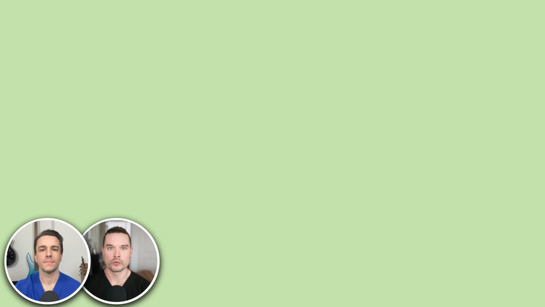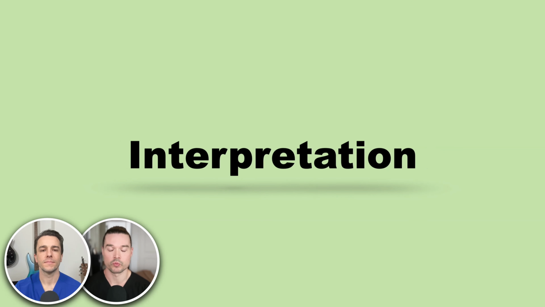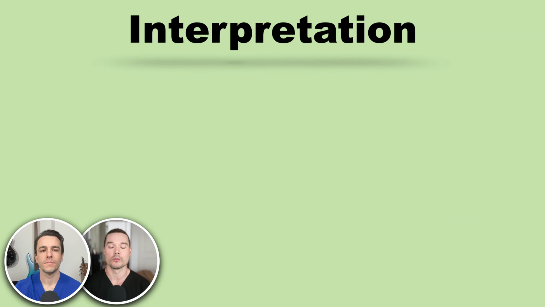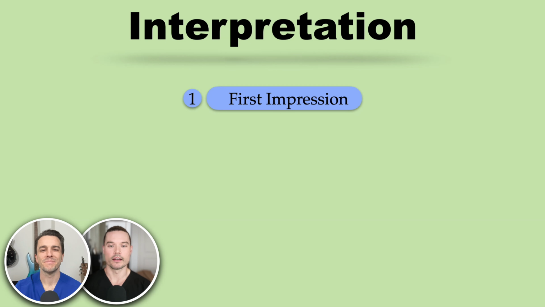Okay, we want to highlight our interpretation just one more time. We brought this up in our general approach video, and we want to bring it up one more time here, and hopefully it makes a little bit more sense now. You are going to start with your first impression, and that's initially identifying our Weber classification.